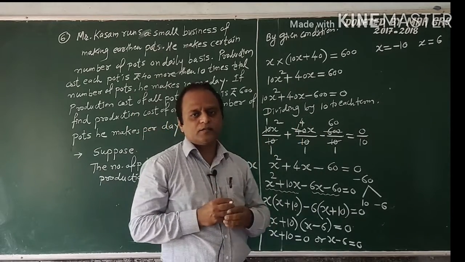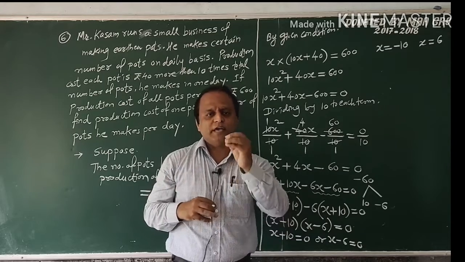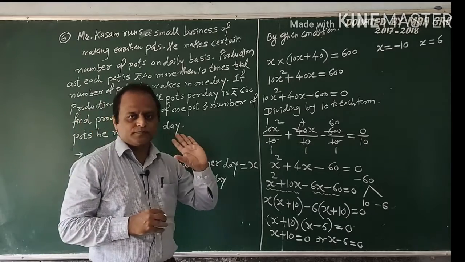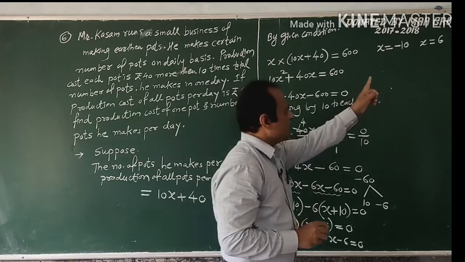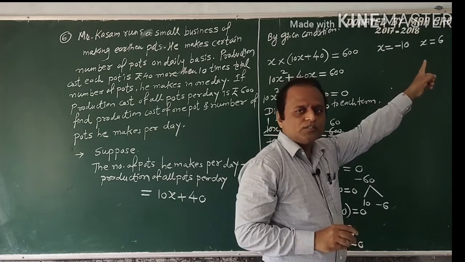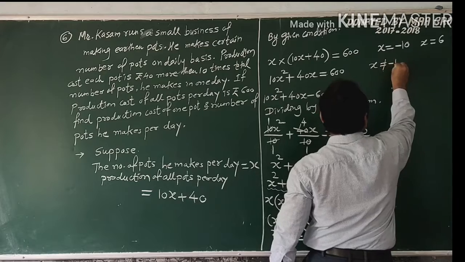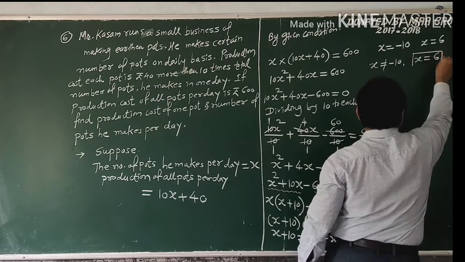For that, look students, we have to go back to what we supposed for x. Here x is the number of pots, so the number of pots will not be negative. Therefore x must be equal to 6. That is, x will not be equal to minus 10, and therefore x is equal to 6.